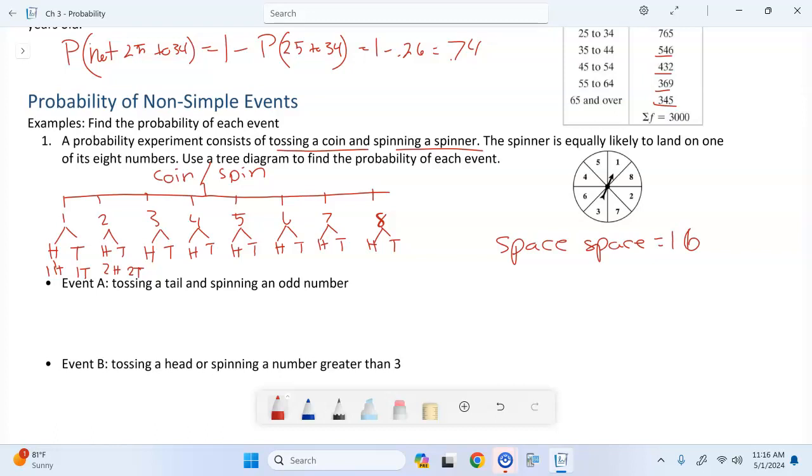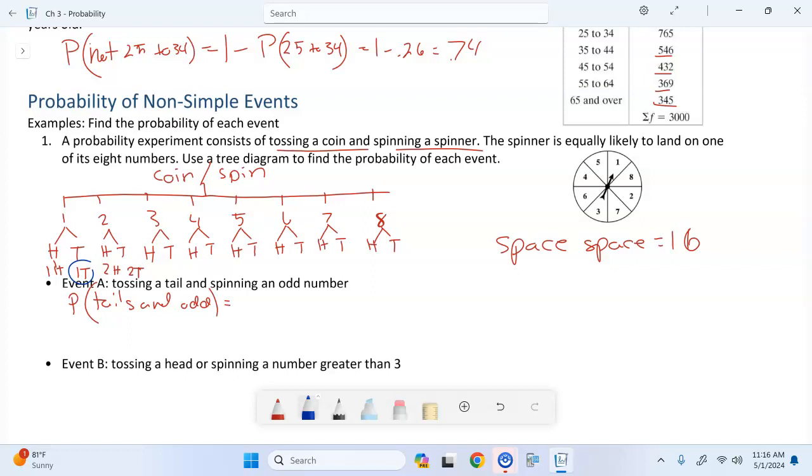So we need to think about how many different ways that could happen. Okay? So probability of tails and odd. If I do this first tree, I get a 1 and a tails. Is that tails and odd? Yeah. If I get tails and a 2, is that tails and odd?